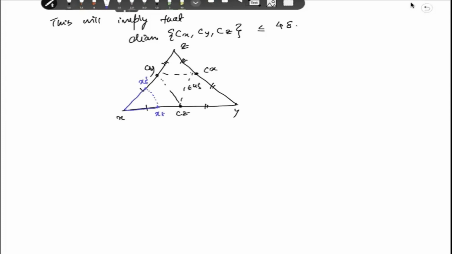If we can do that, then we are done. For the other part we'll do the same kind of thing: we'll take yt', and if we show that the distance between xt and xt' is bounded in terms of delta, the same proof will work for this part also.